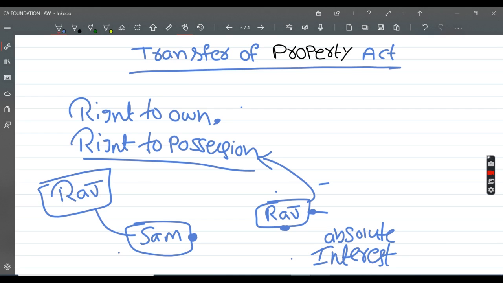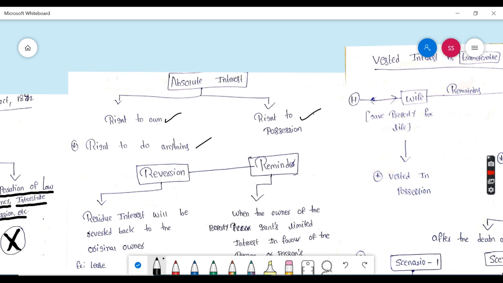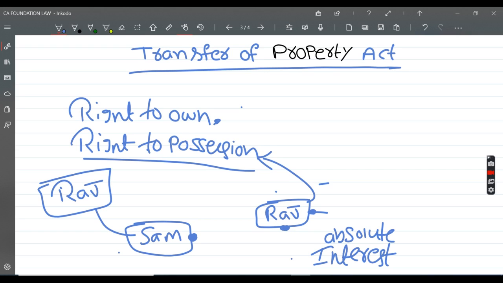Okay, now there are two more important words you have to learn: reversion and remainder, right? So what are these, reversion and remainder?